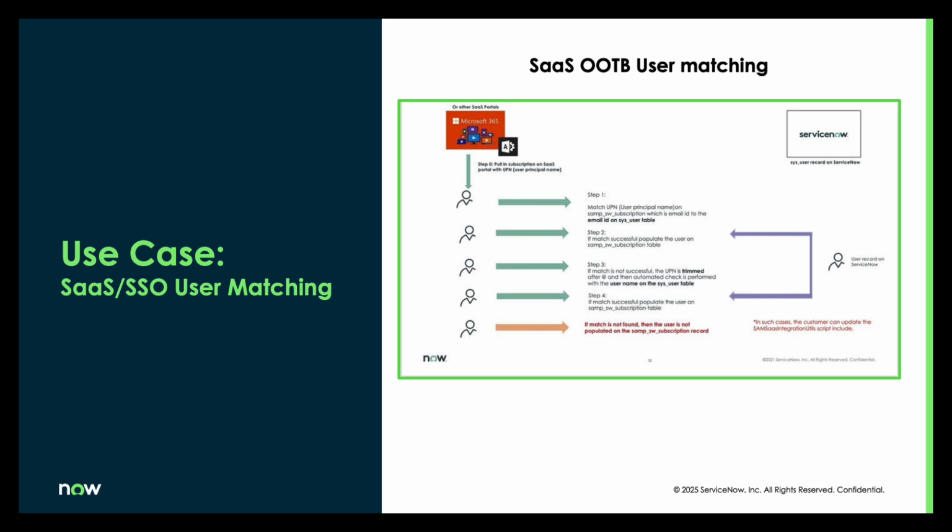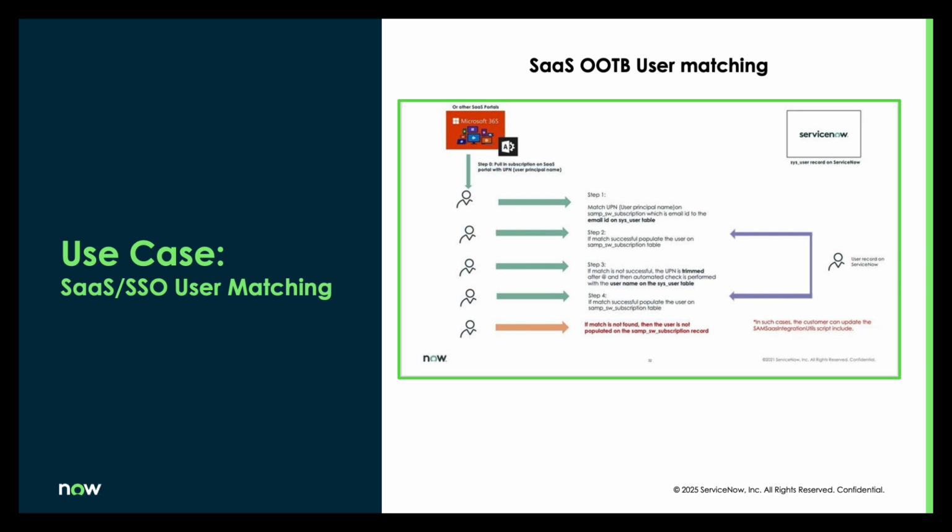Now, it is very important in this process to be able to match the users from the ServiceNow instance to those portals. So ServiceNow has a subscription compliance user matching process, which is out of the box, which first tries to match those users by using the UPN, which we call the user principal name, on the subscription with the mail ID on the user table in your instance.